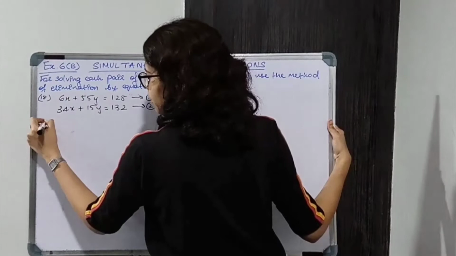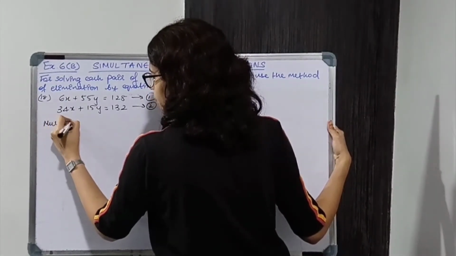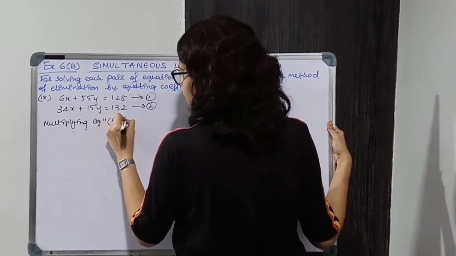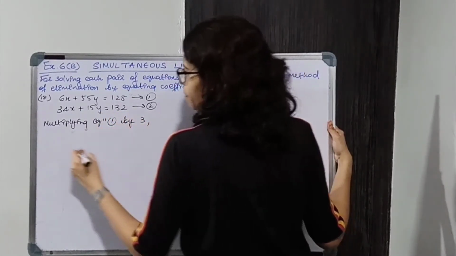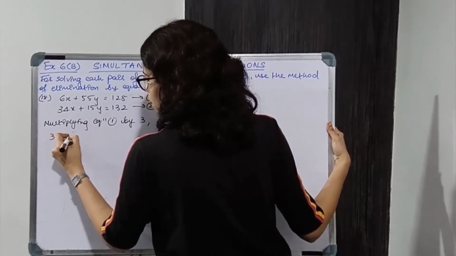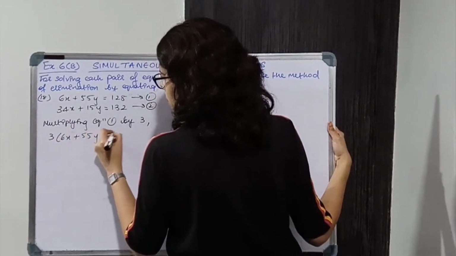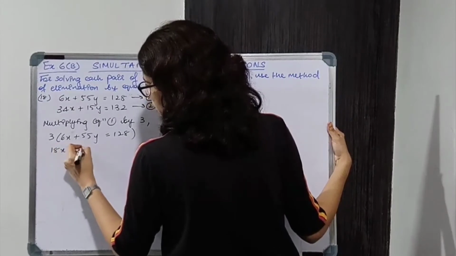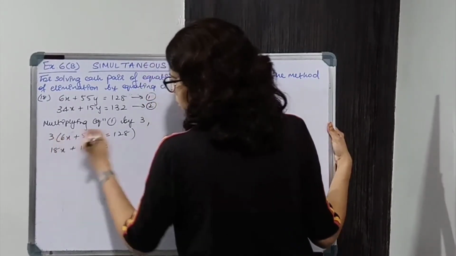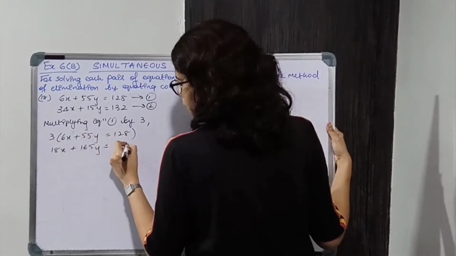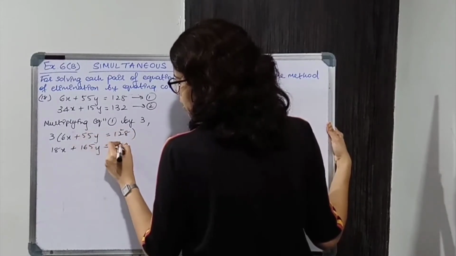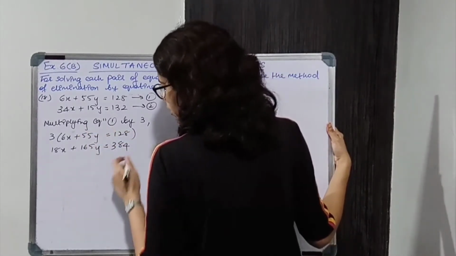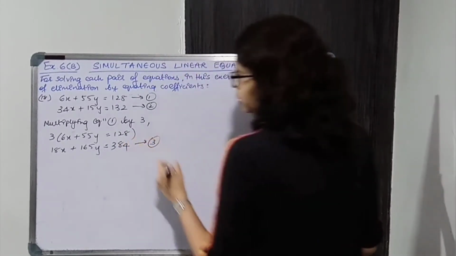Multiplying equation 1 by 3: 3 into 6x plus 55y is equal to 128. So 18x plus 165y, and 128 into 3 is 384. So this is equation number 3.